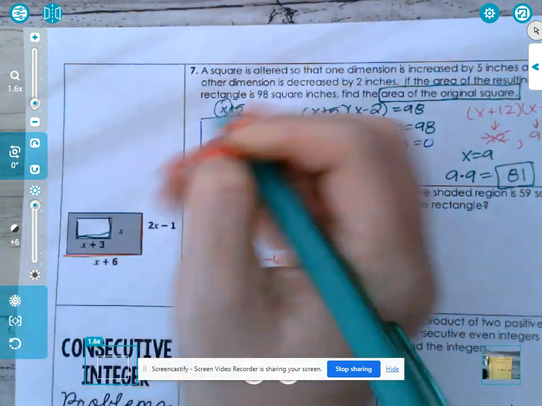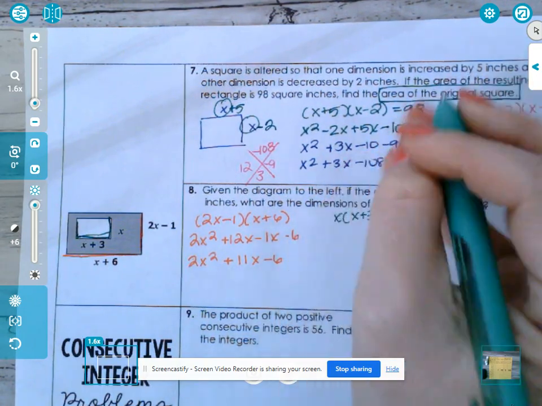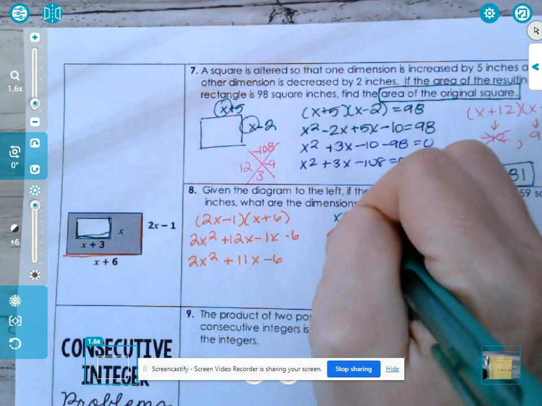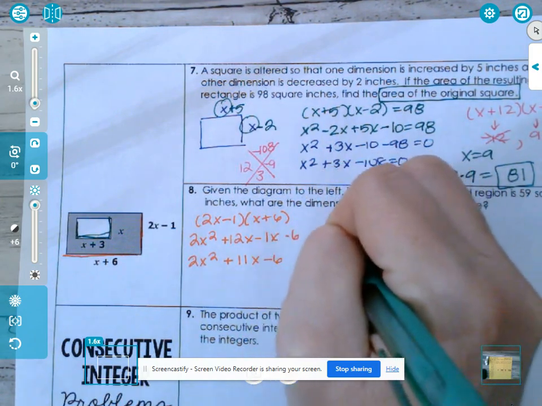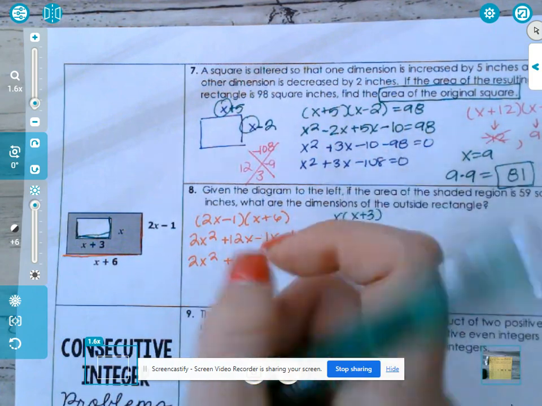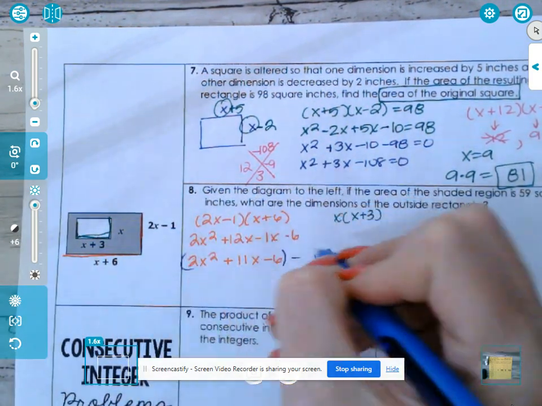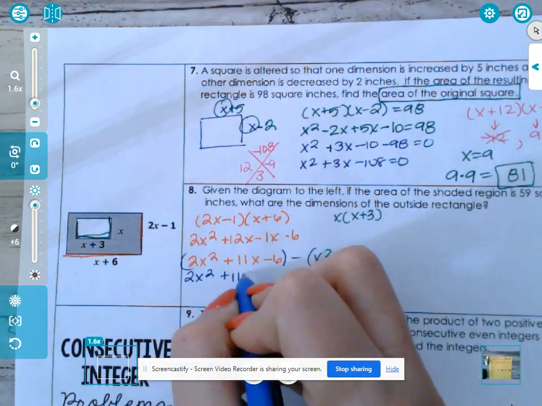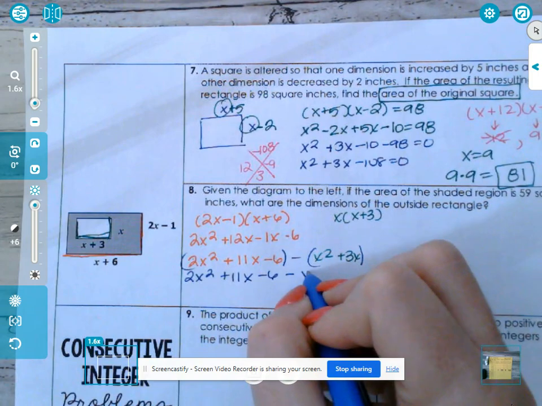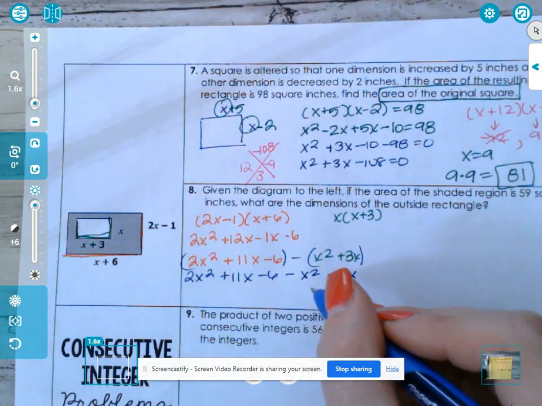Then the area of just the white part is going to be x and x plus 3, which gives me x squared plus 3x. Okay, and then in order to get just the shaded part, remember we did need to subtract these. So that's 2x squared plus 11x minus 6 minus x squared minus 3x.